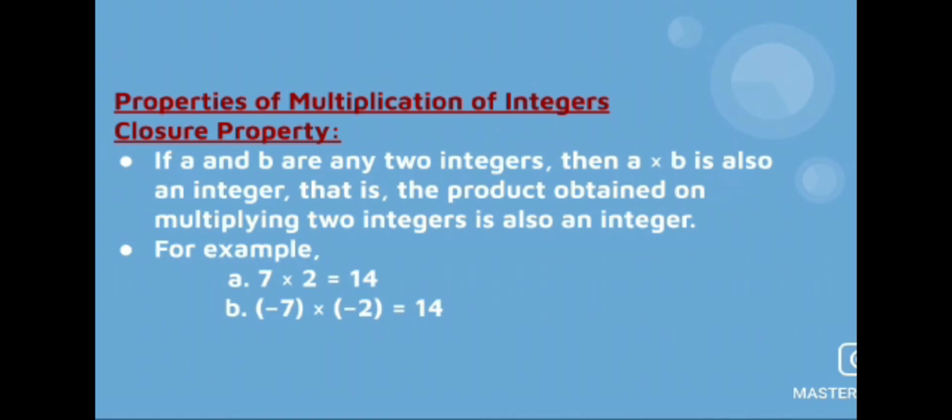When you are multiplying any two integers, you have to get the result also as an integer. For example, 7 into 2 is equal to 14. 7 and 2 are integers and 14 is also an integer. One more example, minus 7 into minus 2 is equal to 14. So, the closure property is satisfied under multiplication of integers.